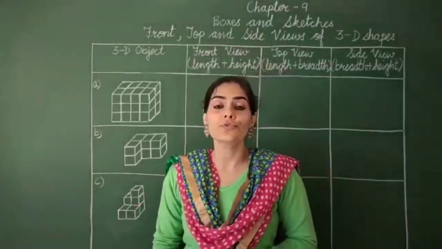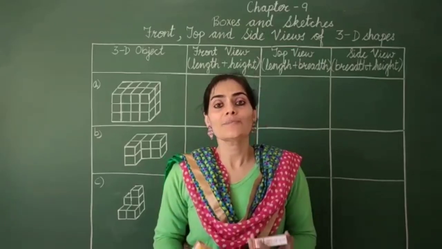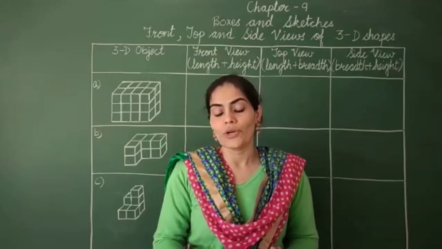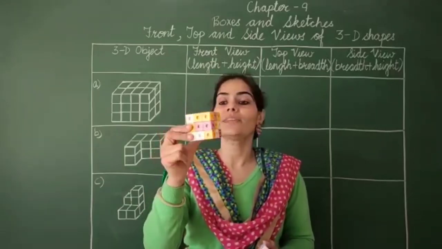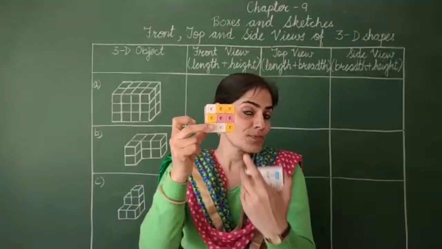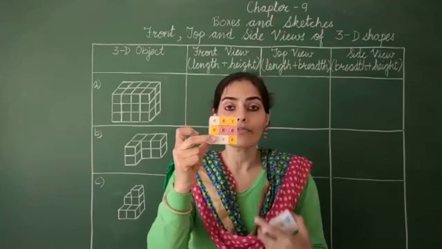But there are a few more objects where the way an object is presented becomes the front view. If I show you this cube, then the way I present it will become the front view. I might present it this way. So if I present it this way, then this is the front view.